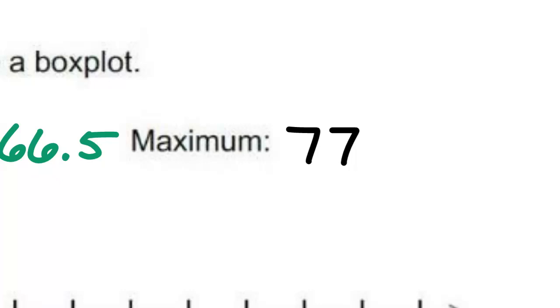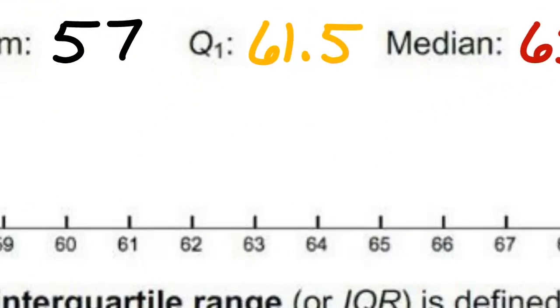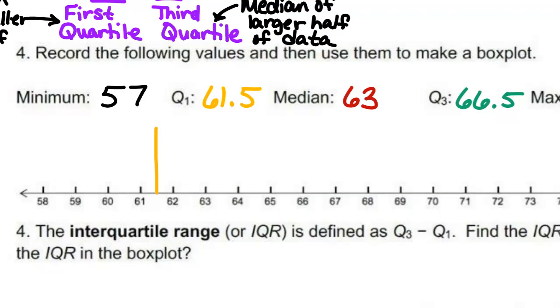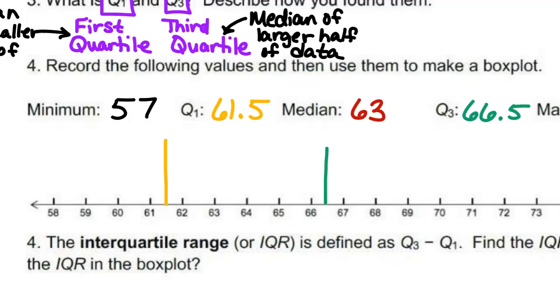To make a box plot, I use Q1 and Q3 to make the left and right sides of my box. So 61.5 on the number line would be right here, and 66.5 over here. I'm going to connect those together to make the box.